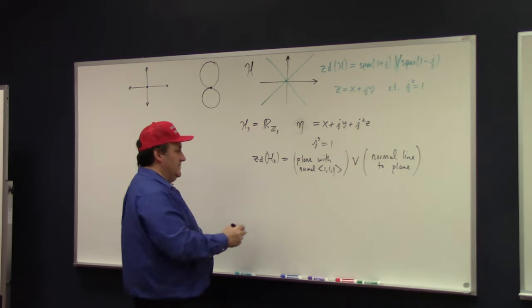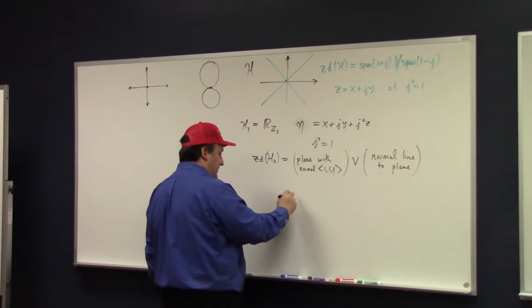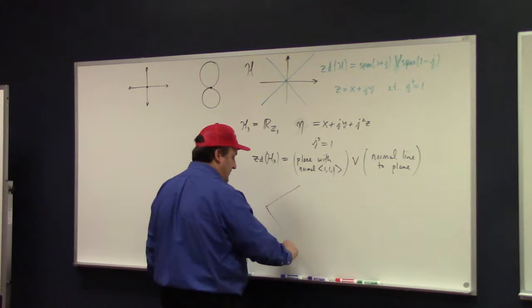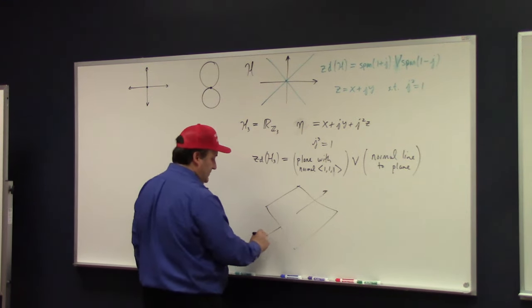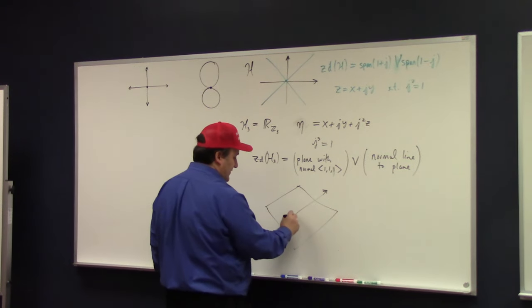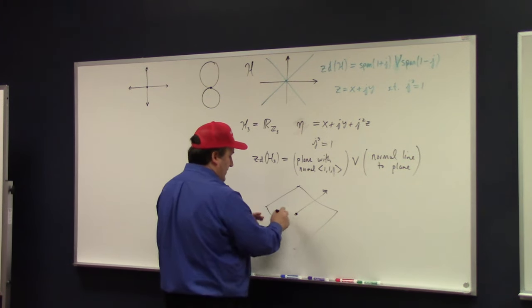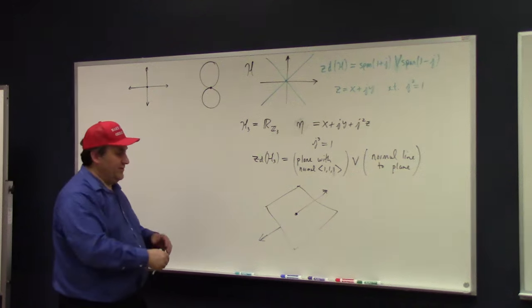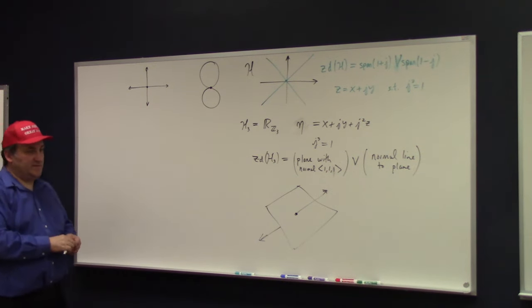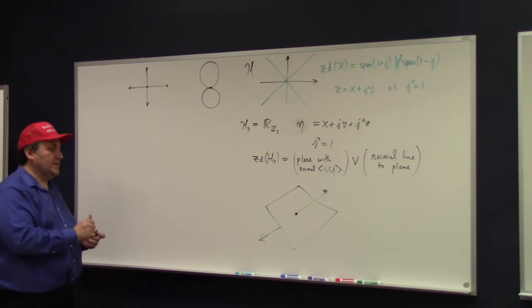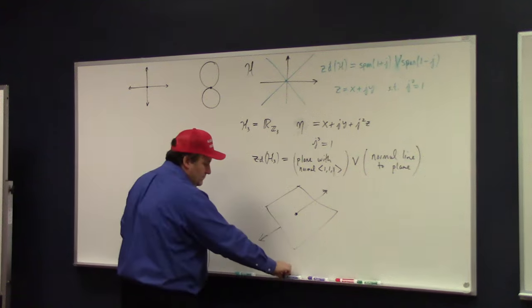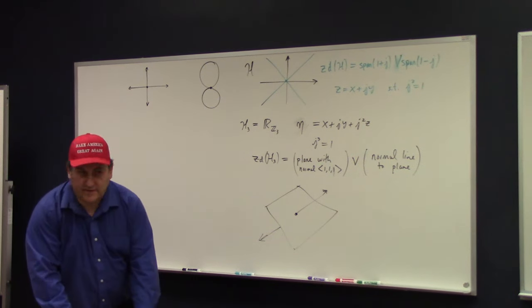So if I was to foolishly attempt a picture of this, the zero divisors are like that. There's a plane of them, and that line normal to the plane, the wedge sum of those two things is actually the zero divisors of H3. I don't know, I just think it's interesting. So, as a means of description.